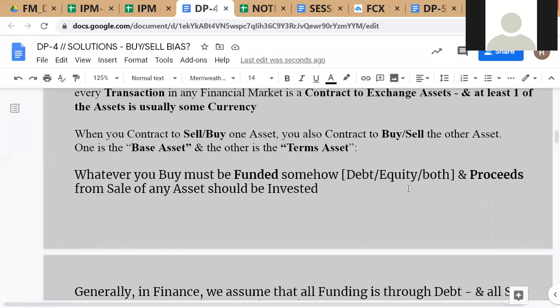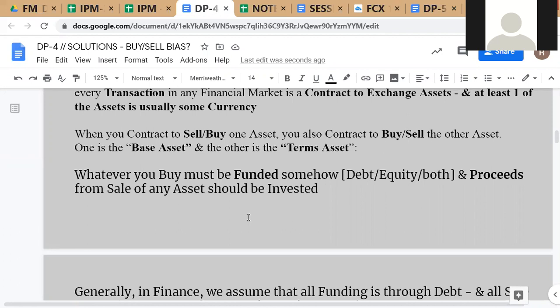It's my savings. Or I borrow money to fund that purchase. So it has to be funded. You should think of it from the balance sheet point of view, that there's always a debt equity funding that has to be put in place. Debt, equity, or some kind of hybrid between debt and equity, preference shares and things like that.